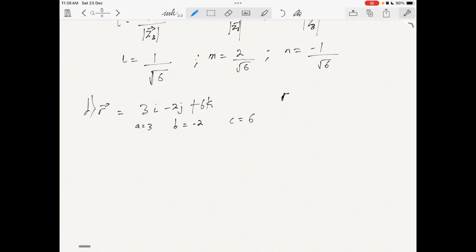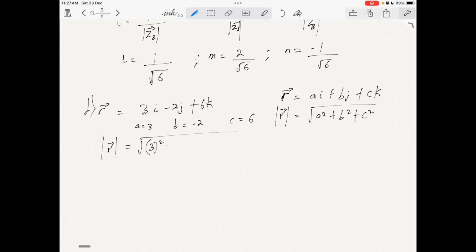Let's just do a quick recap. If we're given a vector ai plus bj plus ck, definitely its modulus will be equal to the square root of a squared plus b squared plus c squared. Now, the modulus of vector r is the square root of 3 squared, plus minus 2 squared, plus 6 squared.